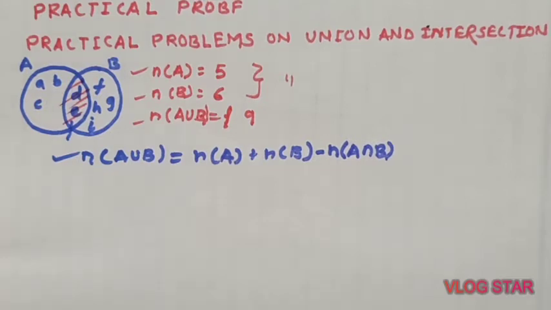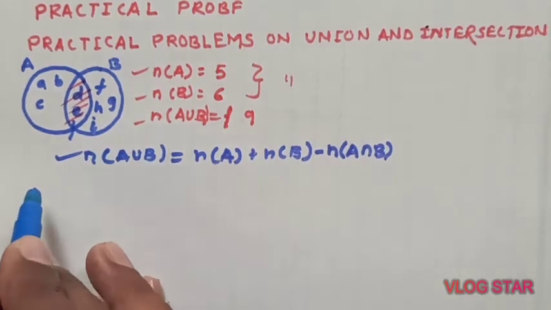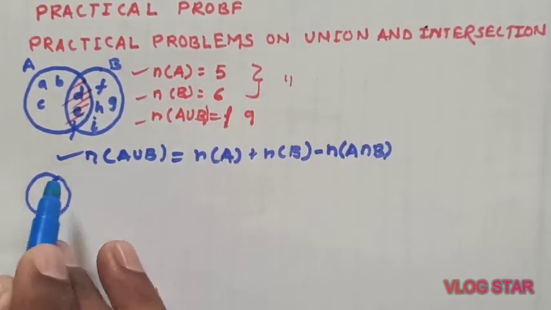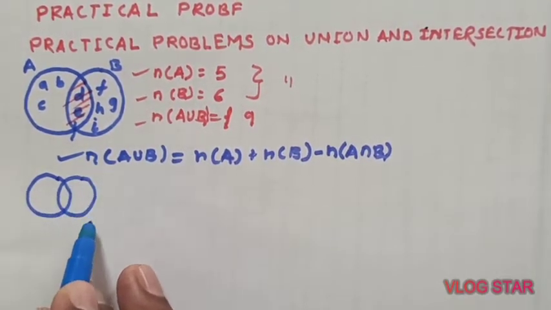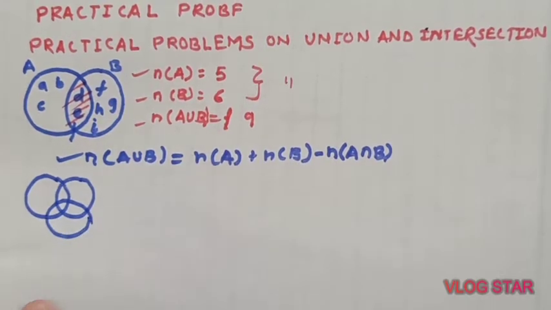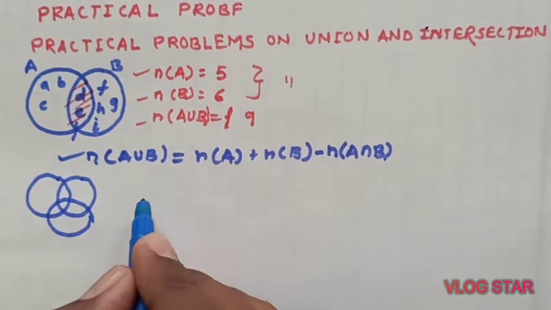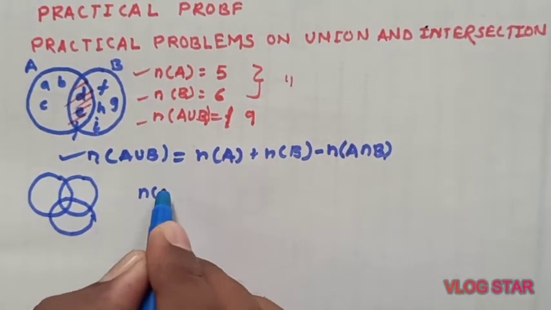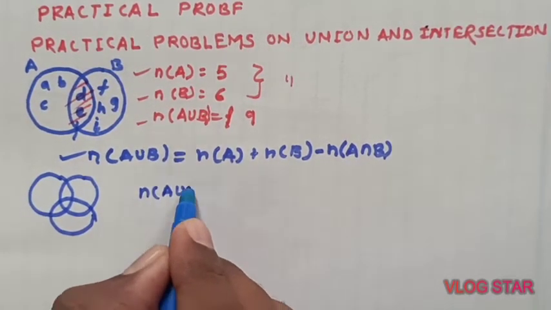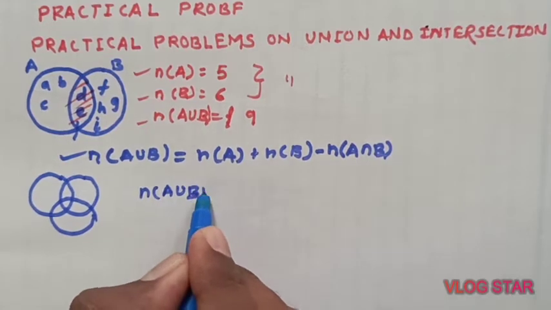We can apply the same concept for 3 sets. If I have 3 sets, A, B and C, we can generalize the same concept. So what is n(A union B union C)?